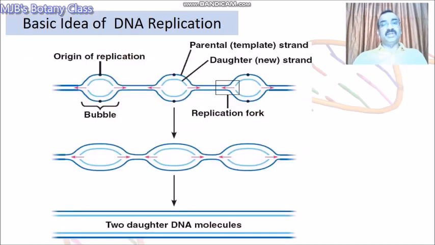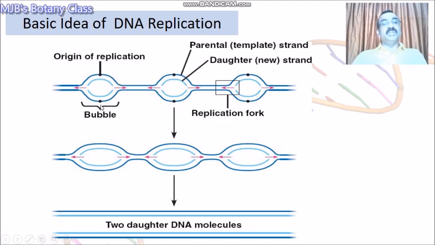Now let us try to understand all these concepts with the help of a diagram. You can see here, this is the DNA double molecule, and all along the length can you see these points which are called the origin of replication. Now the double stranded DNA has separated at these points, and this separation has resulted in the formation of bubble-like structures.